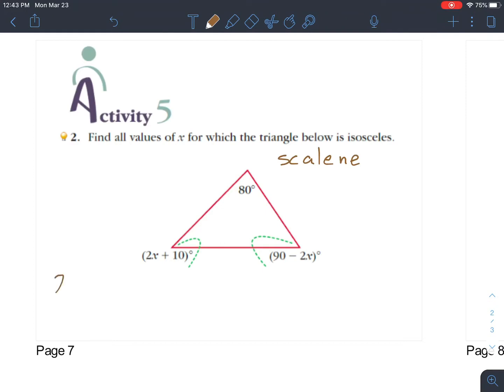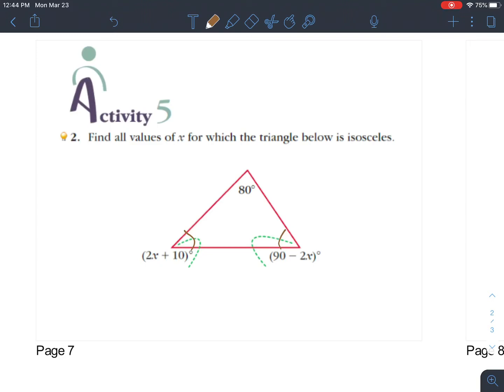So I'm going to start with 2x plus 10. Oh, I'm sorry, I totally missed something. It can't possibly be scalene. It told us that it's isosceles. I'm sorry about that.